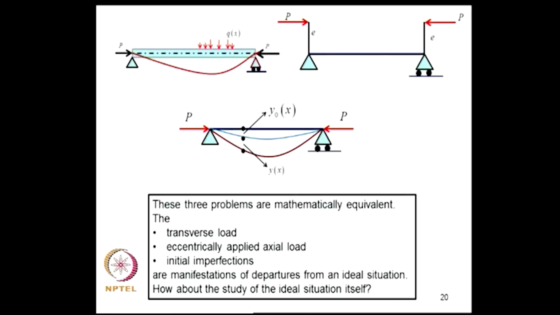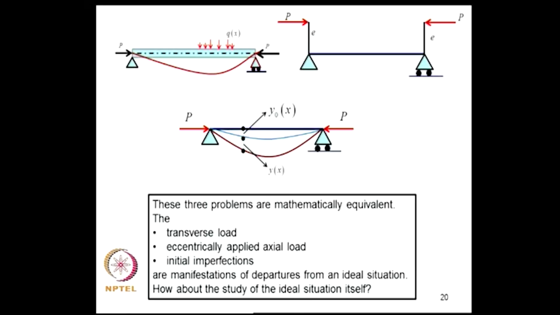Now, we have considered so far 3 types of problems. We considered axially loaded single span beams. In a way, the presence of a transverse load, or this load being applied eccentrically, or the presence of imperfection, or a combination of all of them, depicts situations which are far from ideal.